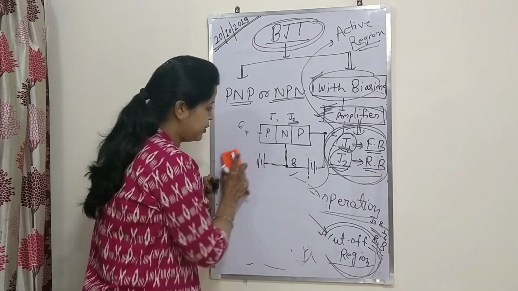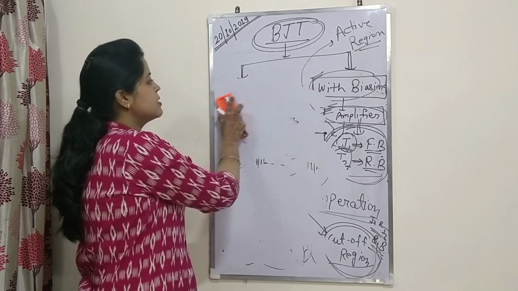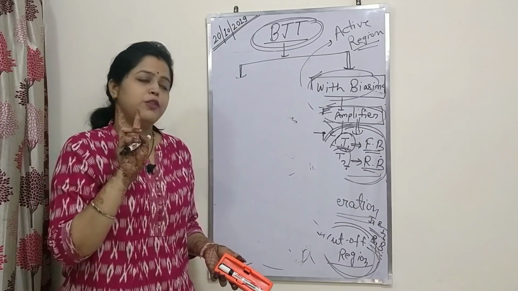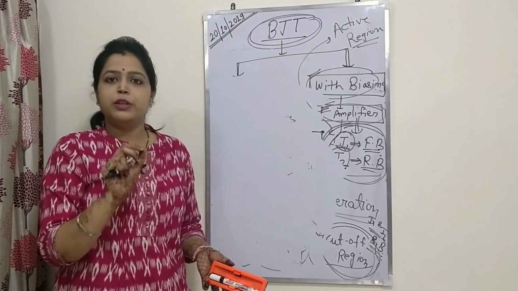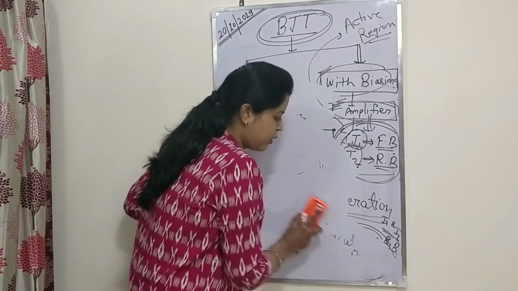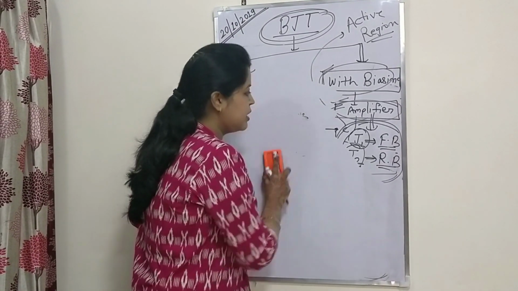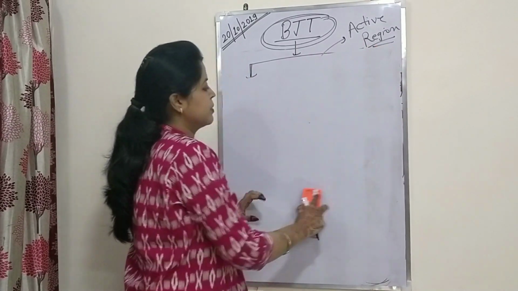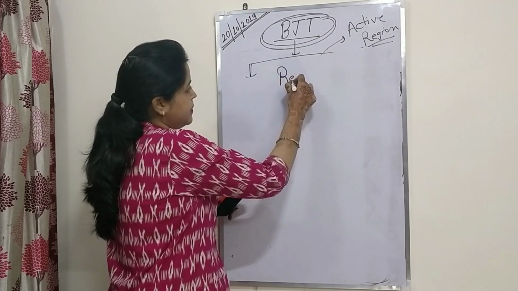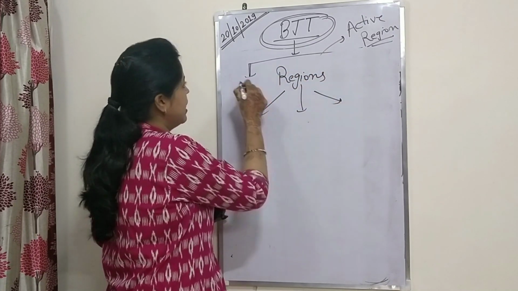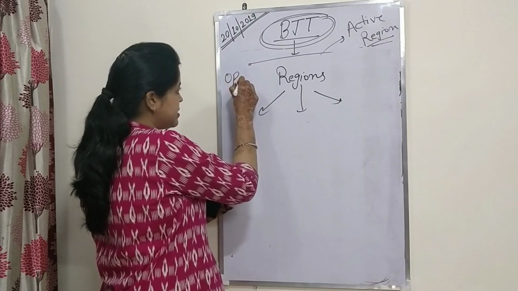So it is clear to all of you that whenever the transistor is open circuited, that means there is no power supply, there will be two junctions J1 and J2 with proper depletion region width. And whenever the transistor is biased with supply voltage, there will be three operating regions.